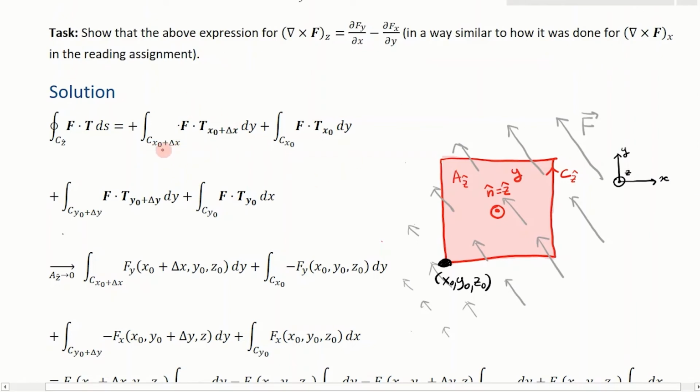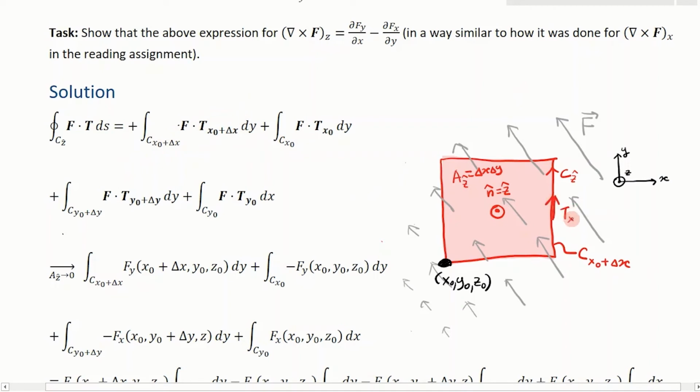First segment I placed at x equals x naught plus delta x. This is this segment. Delta x is the x dimension of this area, and I will make delta y the y dimension of this area. Now the unit vector in the direction of the contour is like this.